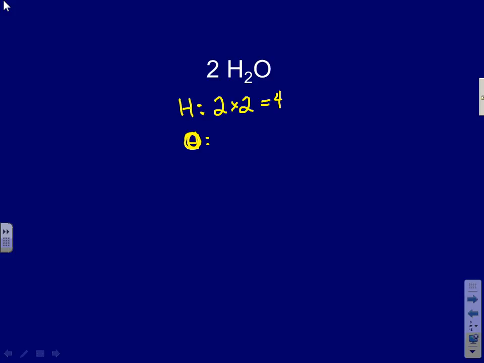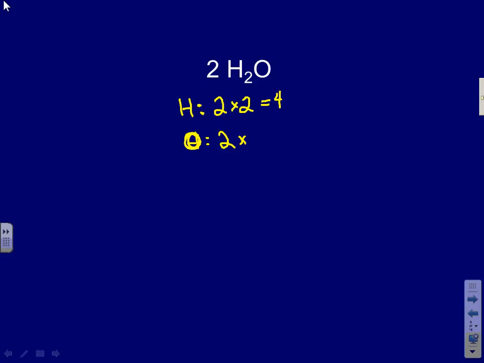What am I writing down here as my multiplication for the oxygen atoms? I always want the coefficient to go first and then the subscript to go second. Lucas, what am I writing here to figure out how many O atoms there are? 2 times? Nope.